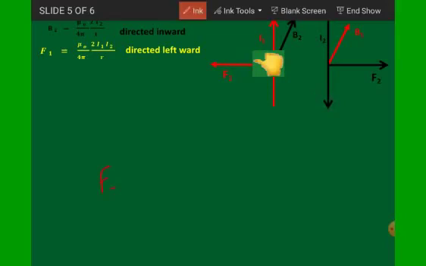Your F2 will be equal to I2L cross B1 vector. Got it? I2L is flowing in this direction, and the magnetic field is getting inside. If you curl from the first vector to the second vector B inward, the direction of your right hand thumb will be in this direction, right?